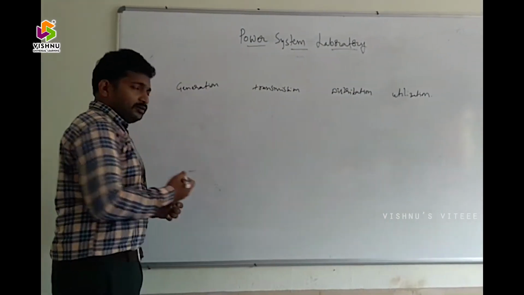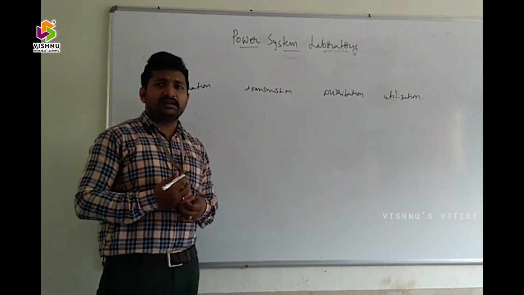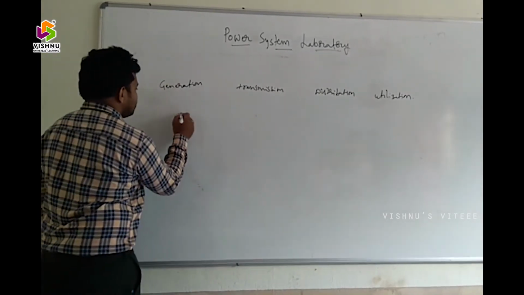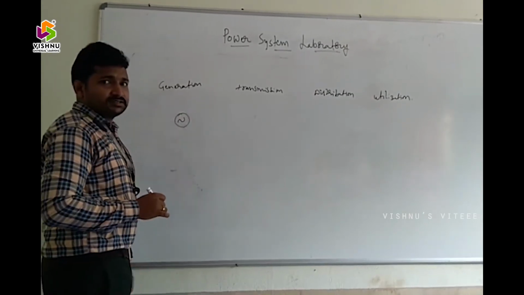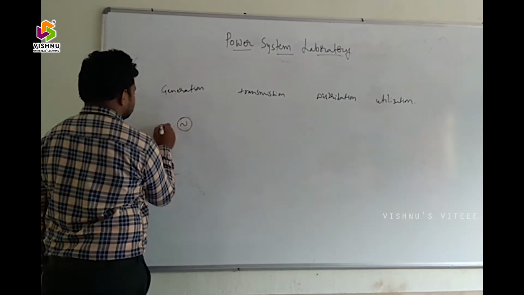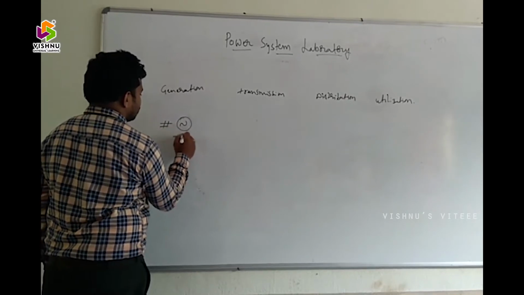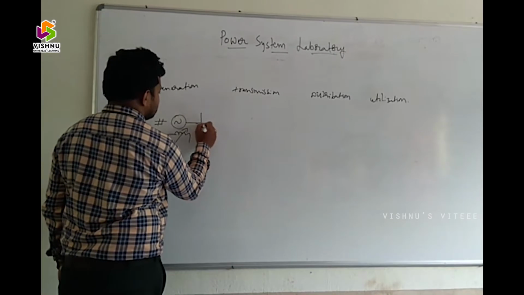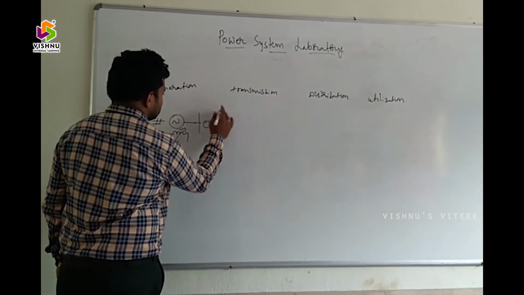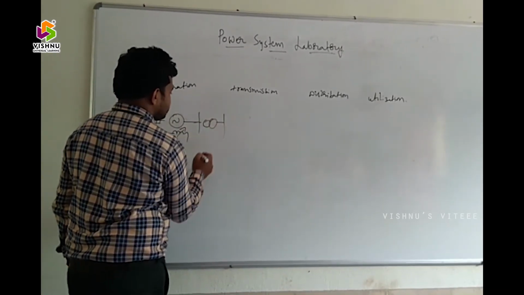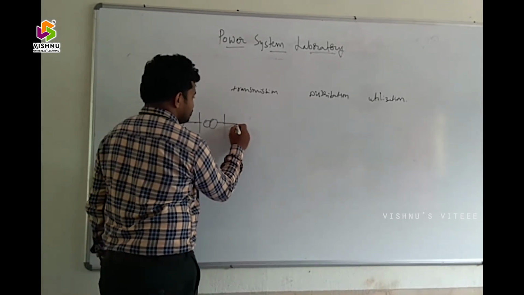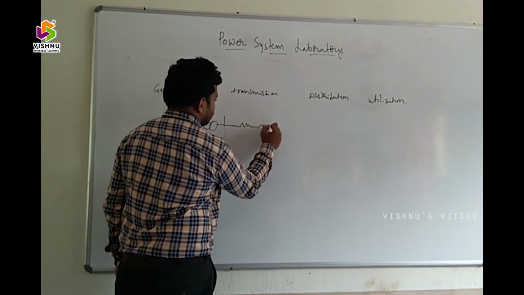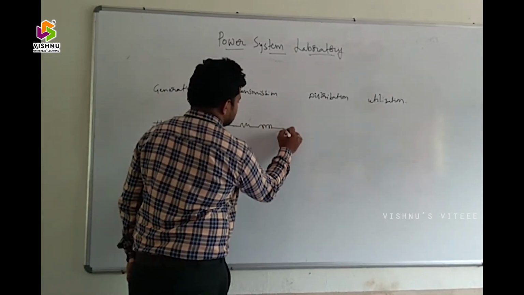Generation. If you would like to draw a single line diagram of the power system, generation is usually done by a power generating station, which uses alternators fed by a prime mover and an exciter. This voltage is stepped up by using a step up transformer. Again, this is transmitted by using R, L and C networks.